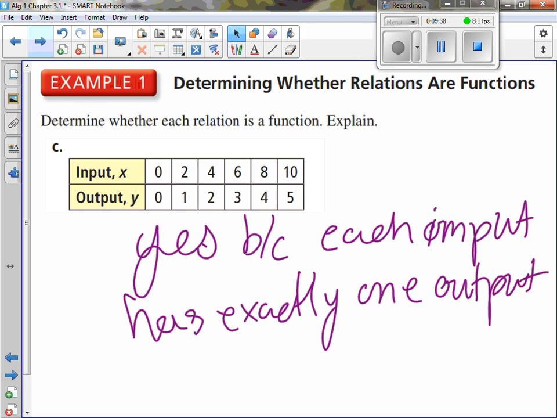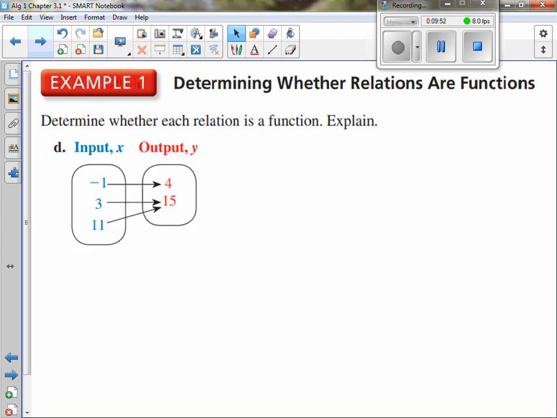Each input has exactly one output. Questions on this here? How about this one? Is this a function? Well, yes, because each input has exactly one output.